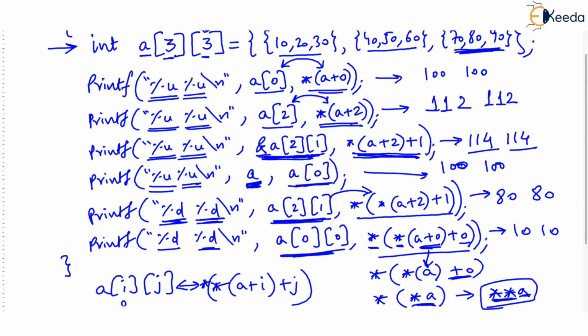Now what if both were 0? Then both i and j are 0, and it boils down to **A. That's what I am saying, isn't it? Now this gives us a concept of pointer to pointer. We have been learning pointers, but a two-dimensional array is not a simple pointer, but it is a pointer to a pointer, which we will come to, that concept of pointer to pointer, in the next video. Thank you very much.